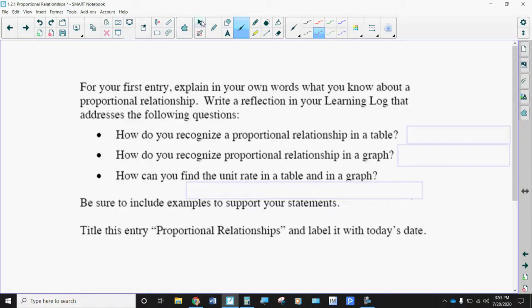So go ahead and take some time, write out a brief statement. How do you recognize a proportional relationship in a table? How do you recognize a proportional relationship in a graph? And how can you find the unit rate in a table and in a graph? Go ahead and write a brief statement. Do you see the size of my boxes here?